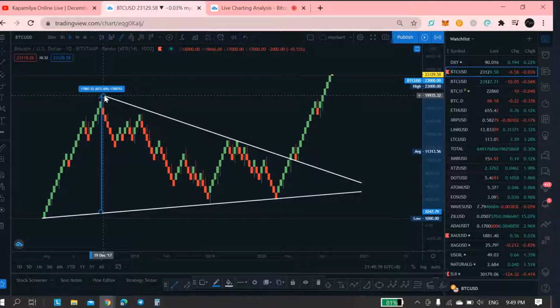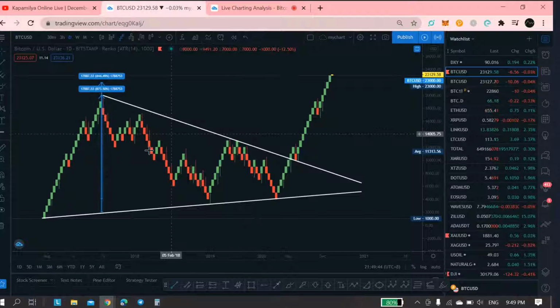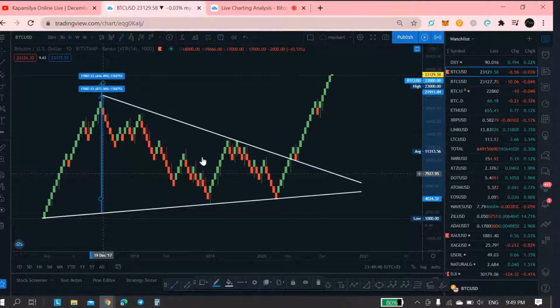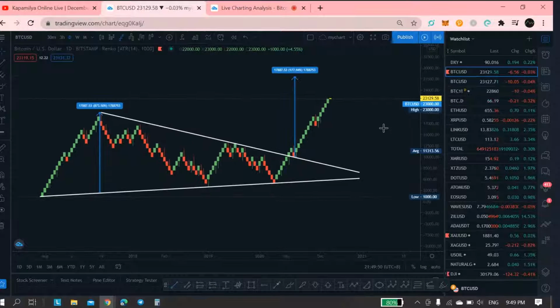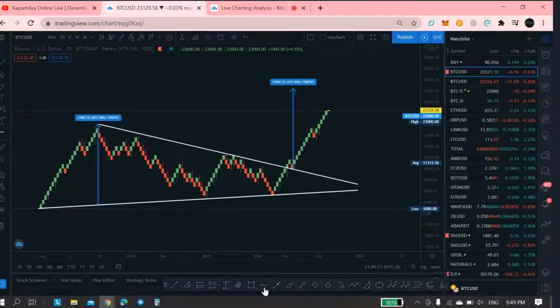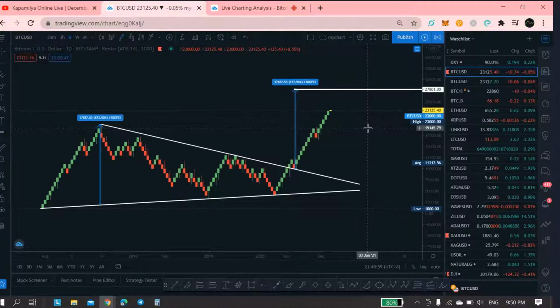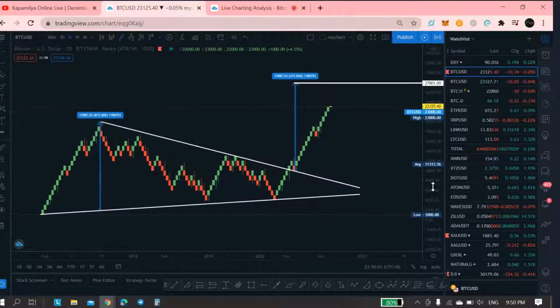So I'll just copy it and paste it at the breakout. My target here is around this area, or around the 28,000 area, or close to 30,000.